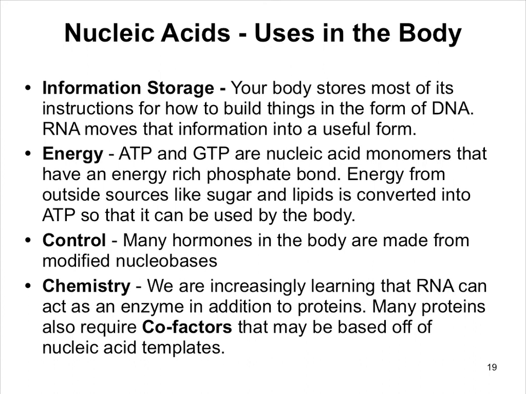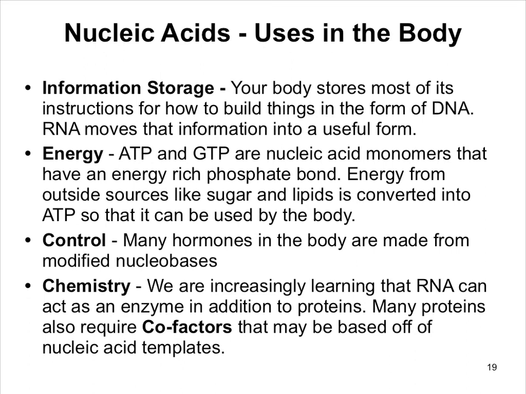Adenosine or guanine. The TP stands for triphosphate. So instead of having one phosphate, these have 3 phosphates in a row attached to them. And those phosphate-phosphate bonds are really energy rich. And this is really quick energy that your body can get at all the time.